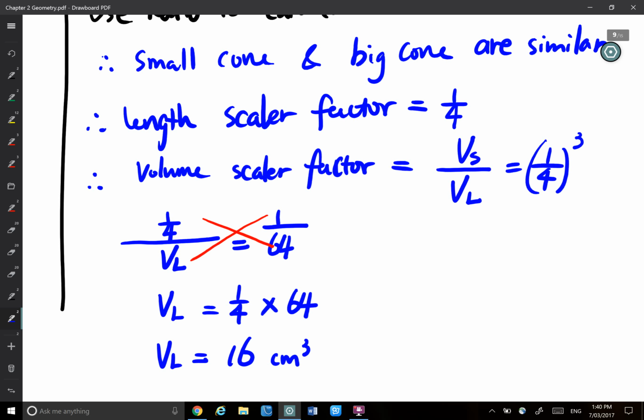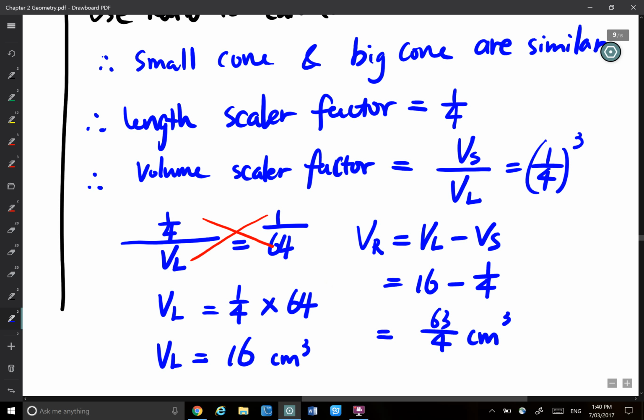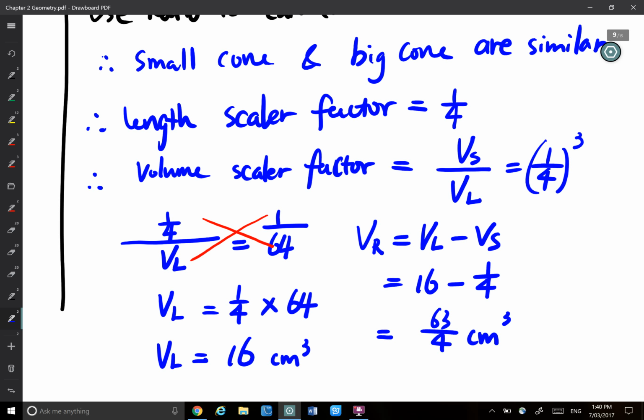So it's 16 centimeter cubed. And then V remaining will be V large subtract V small, which will be 16 subtract a quarter. So times 4, 64, 63 over 4 centimeter cubed. Okay, that is what has been left.